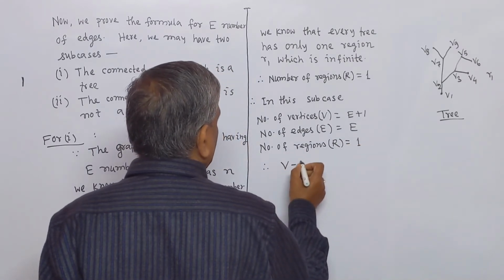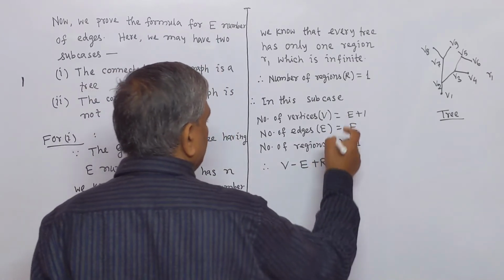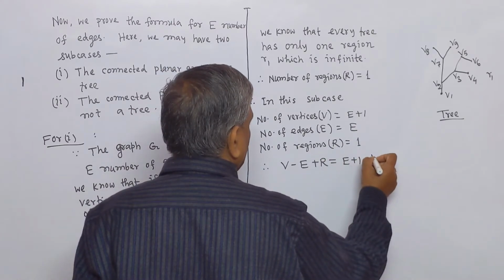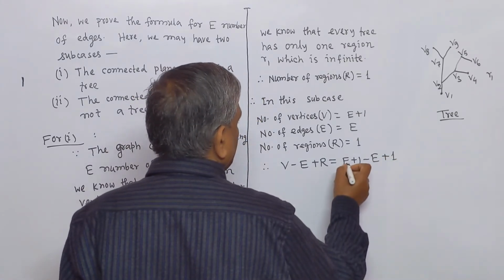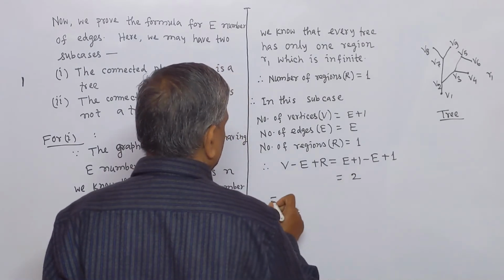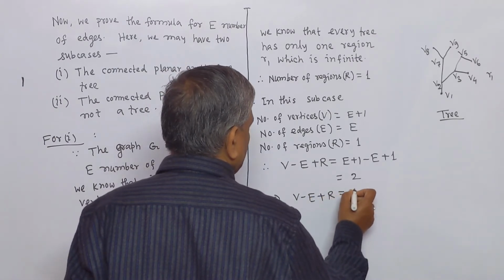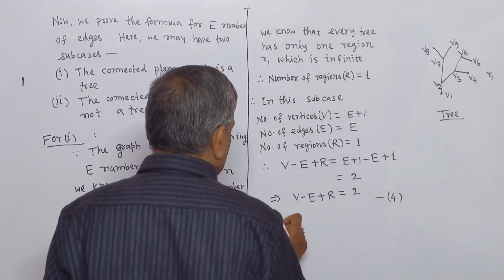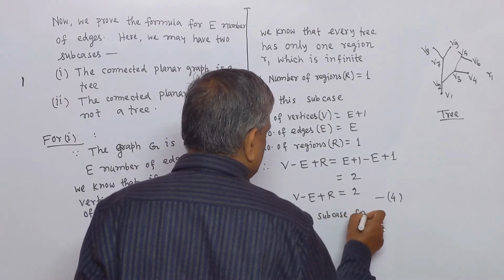Therefore, V minus E plus R equal to E plus 1, minus E, plus 1. Here E and E cancel. Therefore, remains 2, implies that V minus E plus R equal to 2. This is number 4. Therefore, in this subcase, the formula is true.